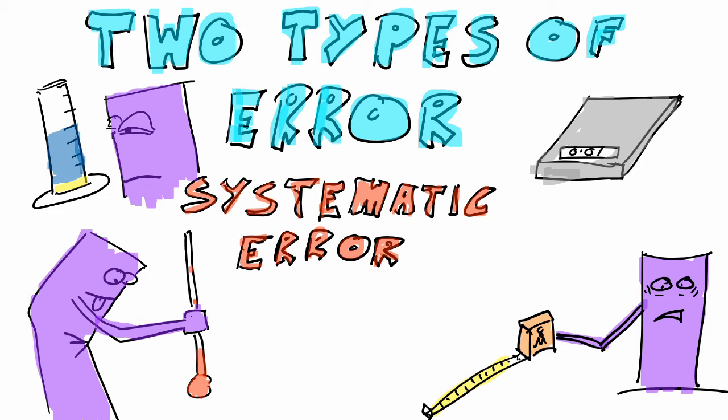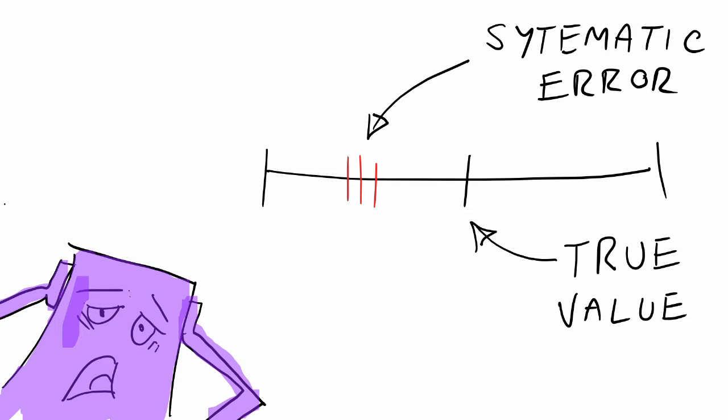Okay, and sometimes it can be incredibly hard to recognize that you've got systematic error in an experiment. How do we deal with systematic error? Sometimes, we don't always know what the true value is of a scientific experiment, but systematic error will lead to results that are always off.